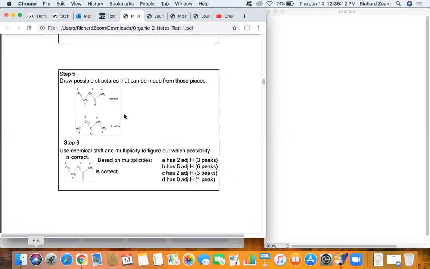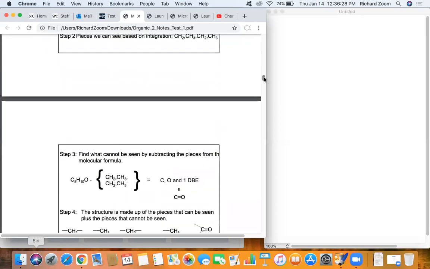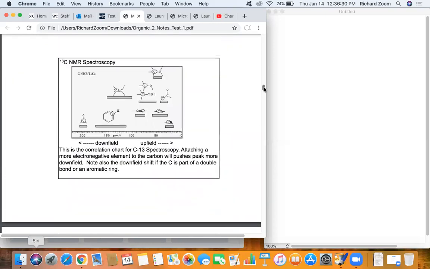Whereas this kind of arrangement where you've got the C double bond O in the middle would only have 2 possible peaks, A and B, and that's it. So I know that this would be the correct structure. At the end, you can check the multiplicities and make sure that those make sense as well.